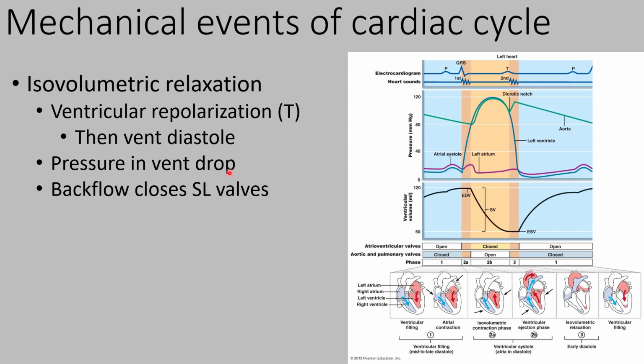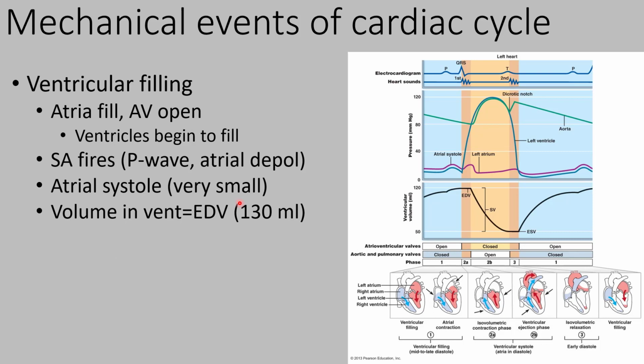But just like we saw with the AV valves, the moment blood tries to backflow into the ventricles, that's going to force the semilunar valves closed. So once the semilunar valves close, pressure continues to drop in the ventricles. And what happens? The atria, like we saw in the very beginning, are going to continue filling until pressure in the atria is higher than pressure in the ventricles.